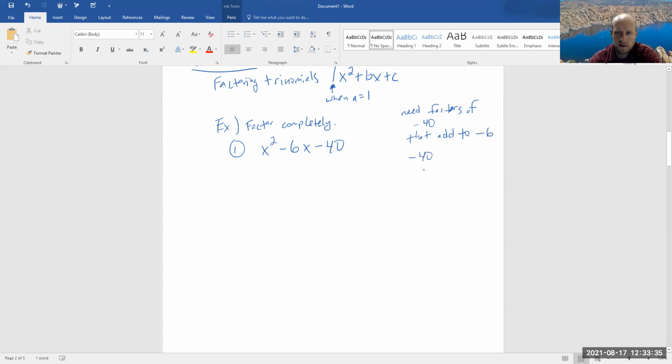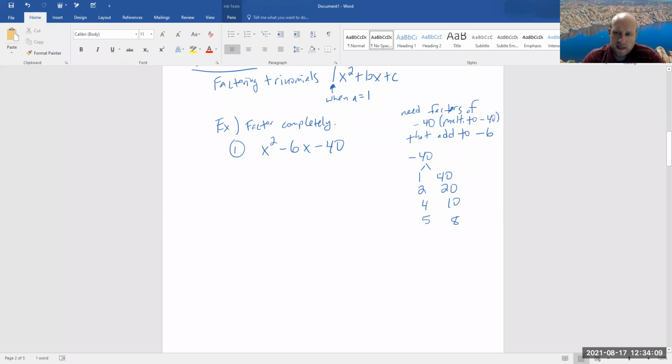So what we could do is list out all the factors of 40. I'm not going to worry about negatives at this point. So 1 and 40, 2 and 20, 4 and 10, 5 and 8. Those are all the factors of 40. Now what do I mean? We need factors of negative 40, so they multiply to negative 40 and add to negative 6.